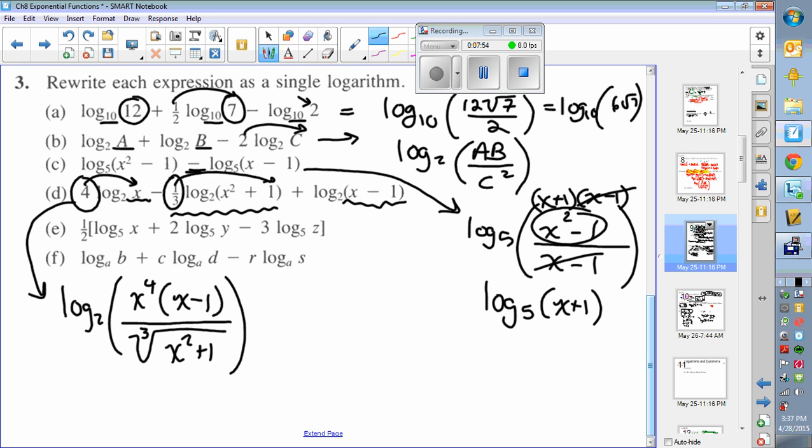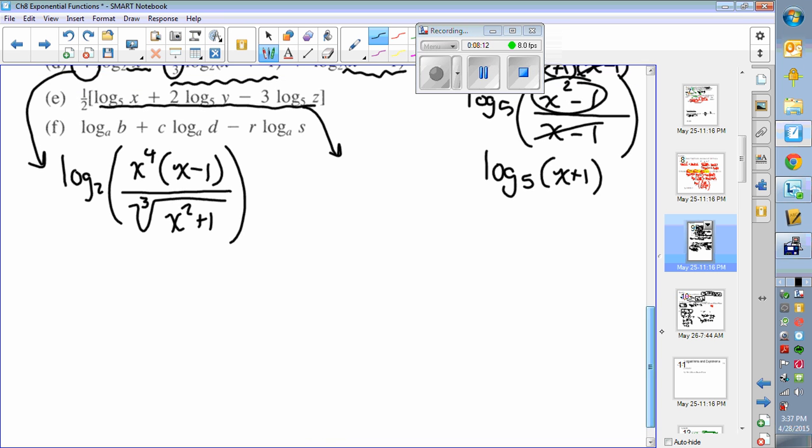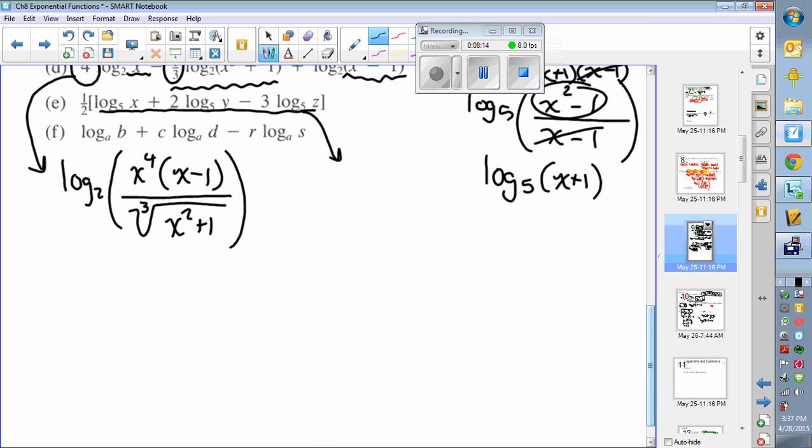All right? So if we look at what we've got with this next one, we're going to combine these first, and then I'm going to apply the power. Okay, so a little bit further. So I still have a 1/2 out front, and now I'm going to combine all of those together.